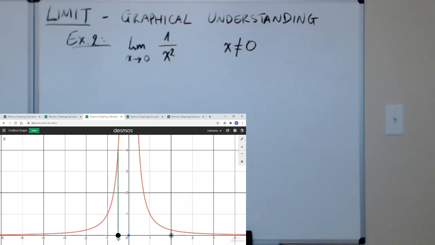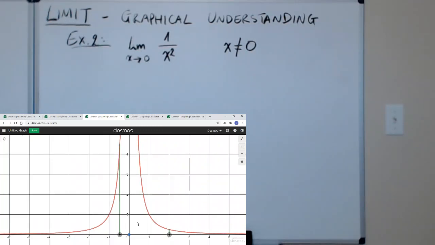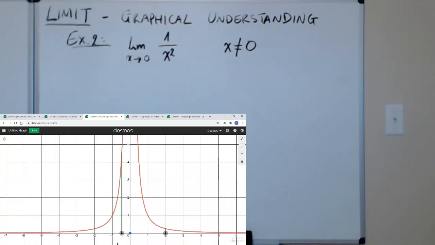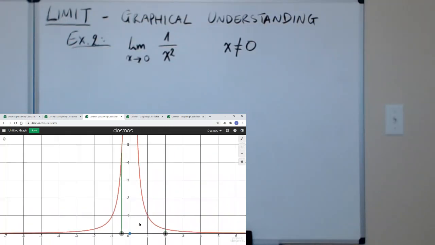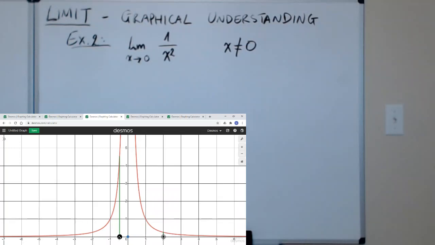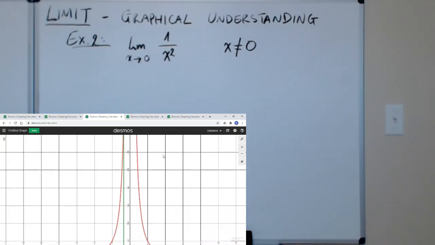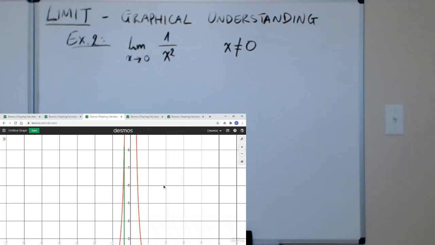As I'm getting close to 0, my height keeps rising. Let me zoom out a little further so you can see how the height rapidly grows right here. The green height is growing fast and growing fast. It's not really leaving the graph, it's just too high, so I have to pull it further out and you're going to see where it hits the graph.